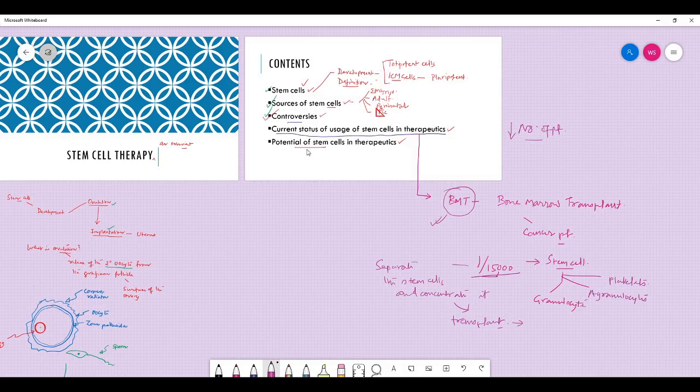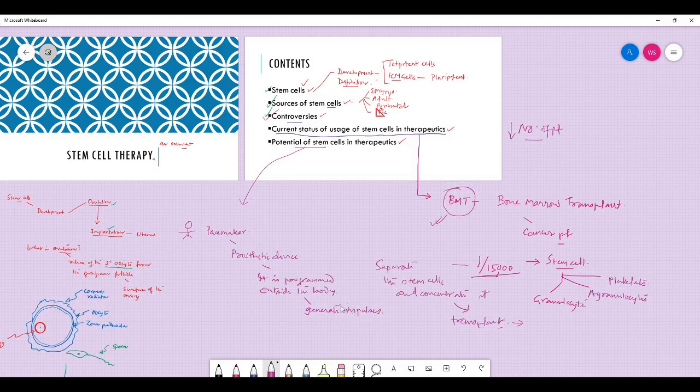So what is the potential? Let me illustrate it with an example. Suppose there is a person who has a pacemaker. A pacemaker is a prosthetic device, meaning it is programmed outside the body to generate impulses.